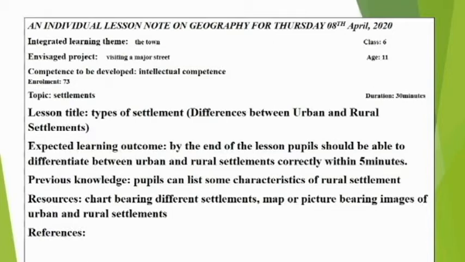And in the primary school today, with the new dispensation, as concerns the preamble of the lesson, we have the following elements: integrated learning theme, envisaged project, competence to be developed, topic, lesson title, expected learning outcome, previous knowledge, resources, and references.